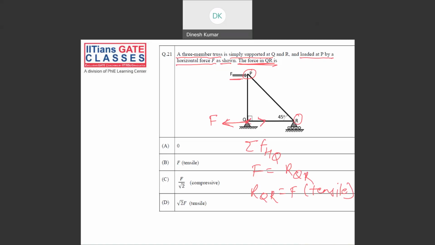So B is the correct answer. There is another way to solve this question. People might first find the force in this member and in this member, and then resolve at point R or at the joint.